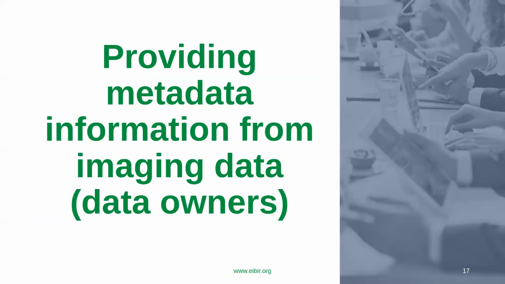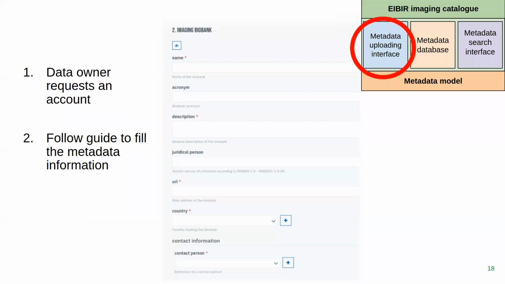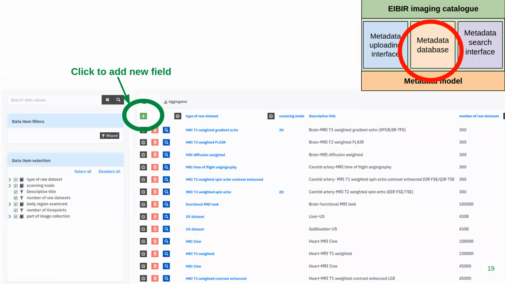Then I'm going to show you how to provide metadata information. As a data owner, you need to request an account, and then you just need to fill in the metadata information. It's just a form that you fill, and then the collection will be shown in the catalog.